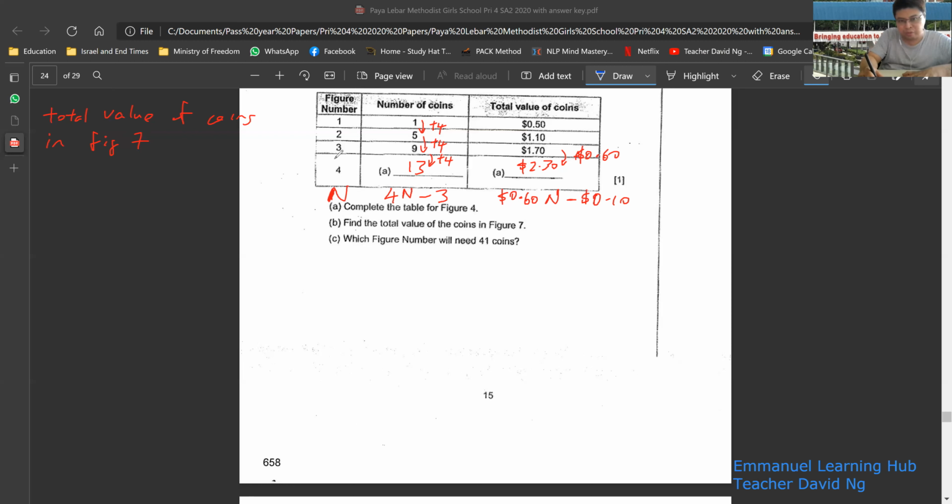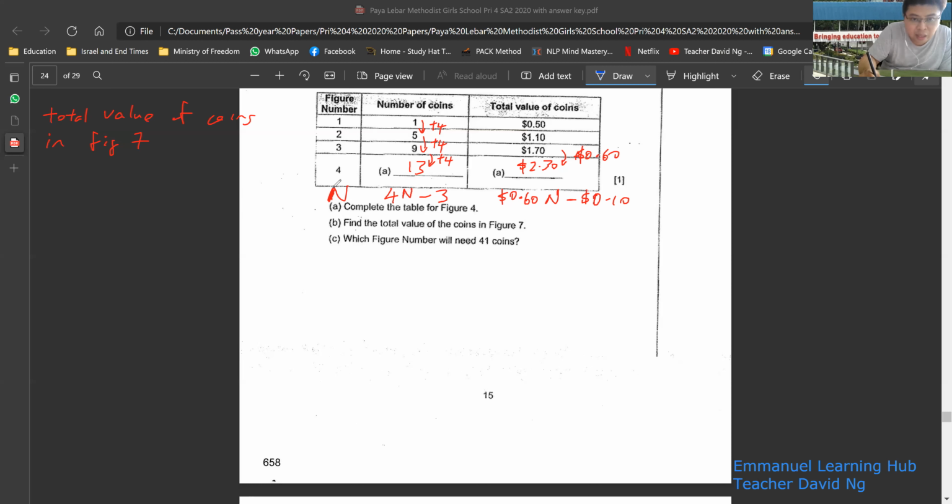Because n refers to the figure number. You see, you have figure 1, 2, 3, 4, figure 5, figure 6, figure 7, then figure n. n is an algebra to denote figure number. Can you understand?